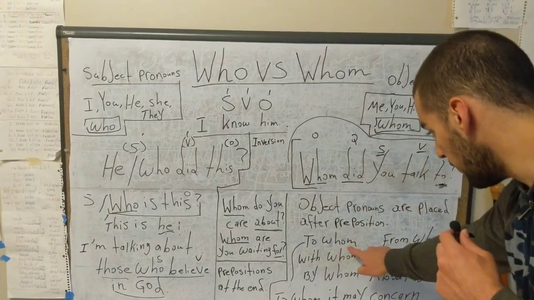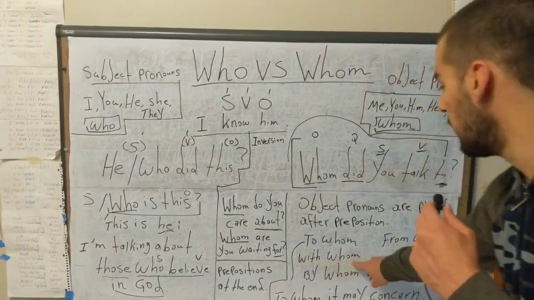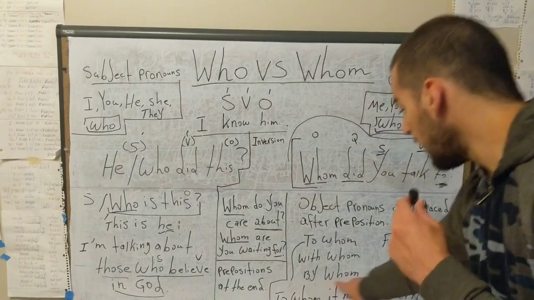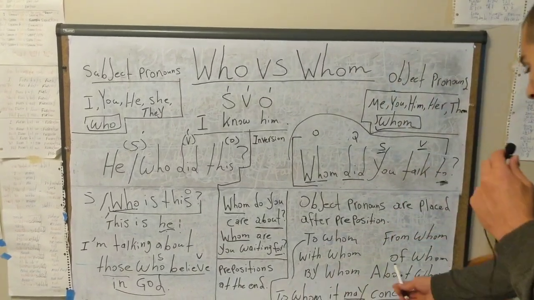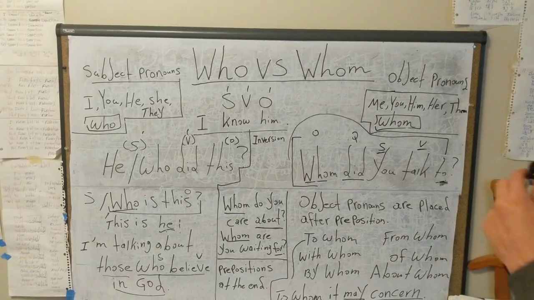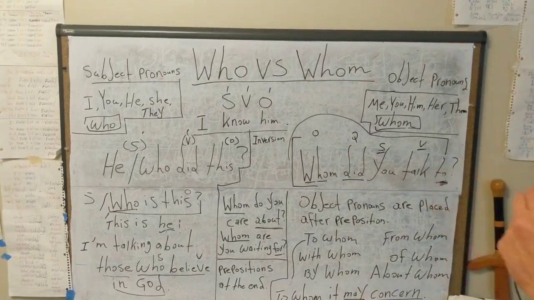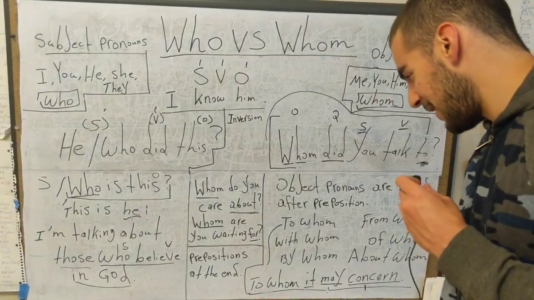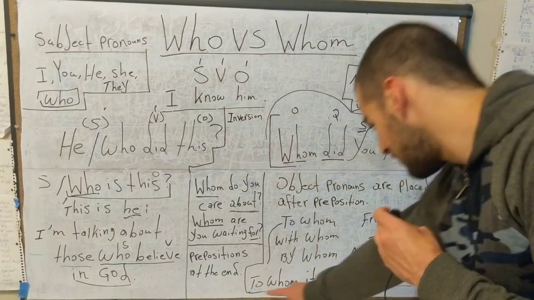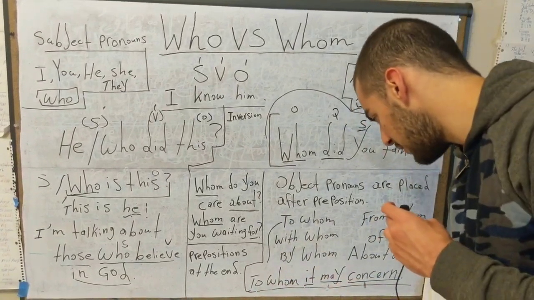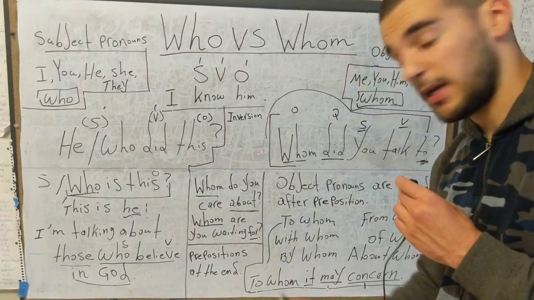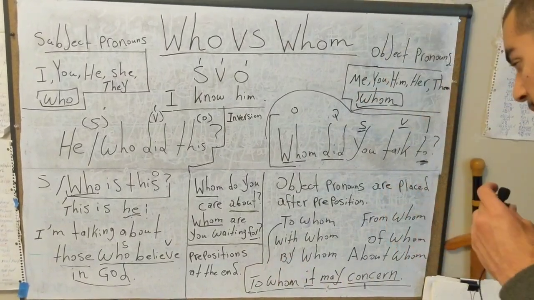To whom, with whom, by whom, from whom, of whom, about whom. And as a famous example, to whom it may concern. So you can see it is to whom.